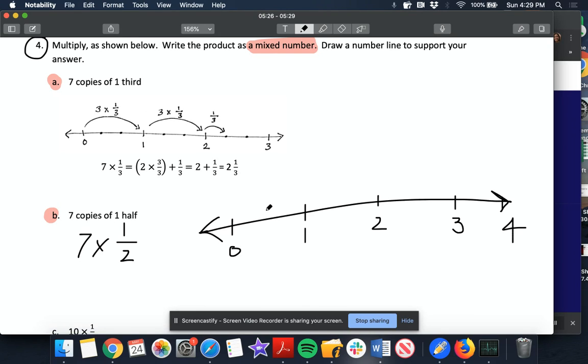1, 2, 3, 4. So that just means I'm going to look at this 1/2. I'm going to divide this further into 1/2 segments. So I'm going to see each segment, divide that up into 2 equal pieces because I'm dealing with 1/2.